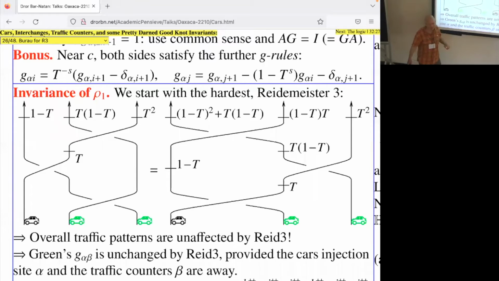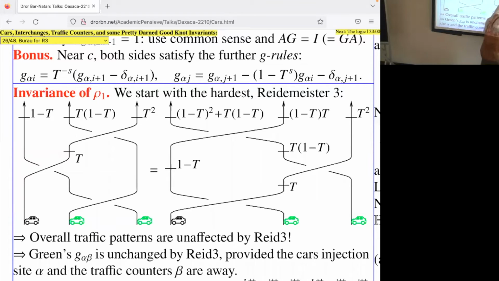And on the other side of the Reidemeister move, I inject the cars here. They come out with probability T to here and with probability 1 minus T to here. This T becomes T squared over here. Now it drops down with probability T, 1 minus T. So I'll get here traffic at the amount of T times 1 minus T. And down here, I will get T times 1 minus T coming from the right and 1 minus T squared if I drop a second time.